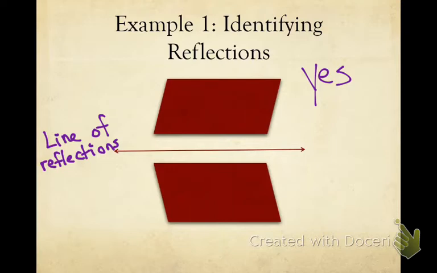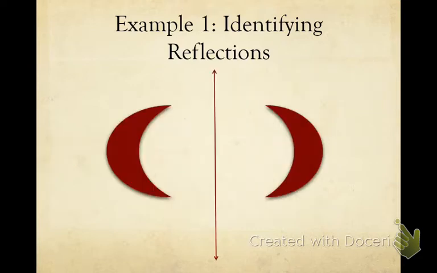You don't necessarily have to say why, but you need to understand a reflection flips across the line of reflection, and it did do that. All right, everybody draw those figures and identify the line of reflection too. All right, so let's look at the next slide.